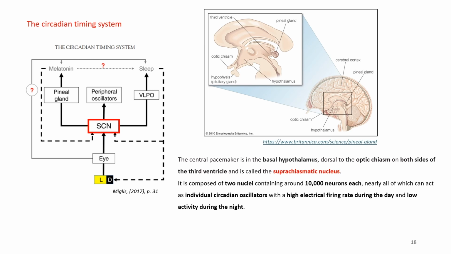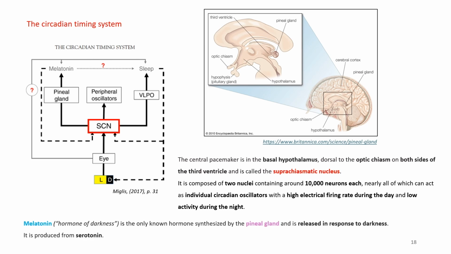Each nucleus contains in turn around 10,000 neurons, which are individually specialized to be able to act as circadian oscillators. And so they show a high firing rate during the day, and low activity during the night.